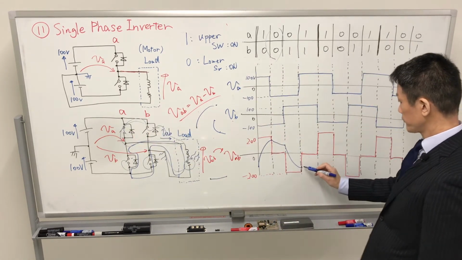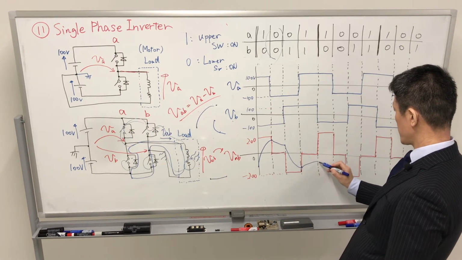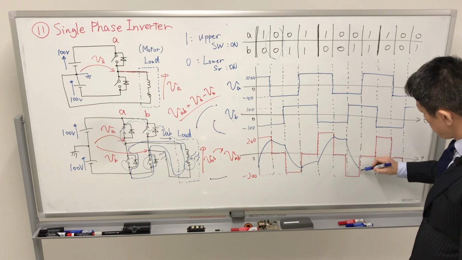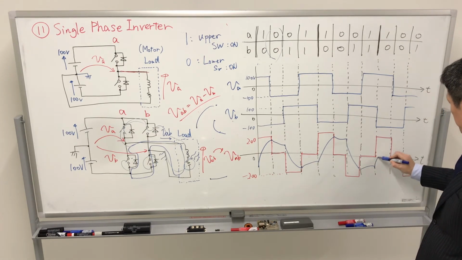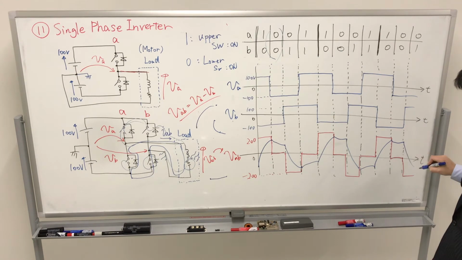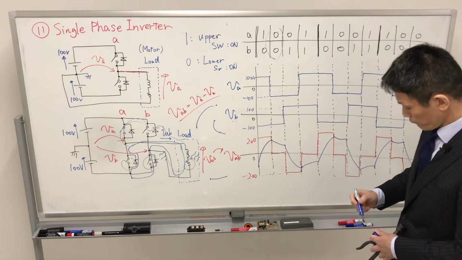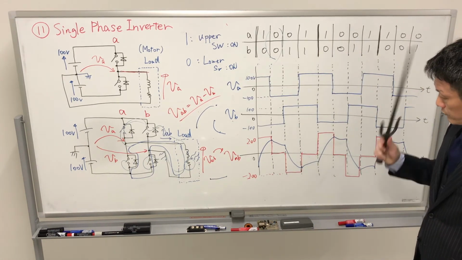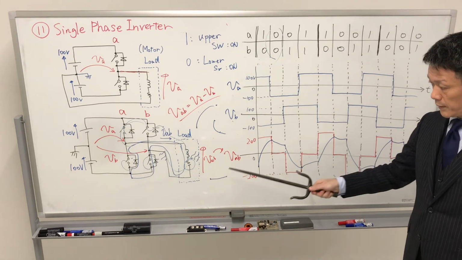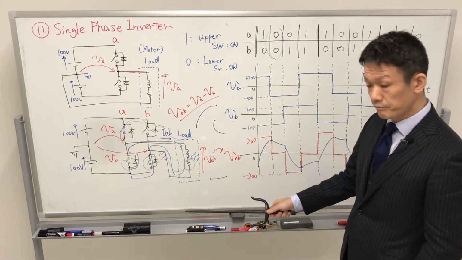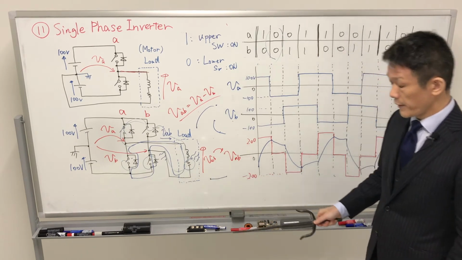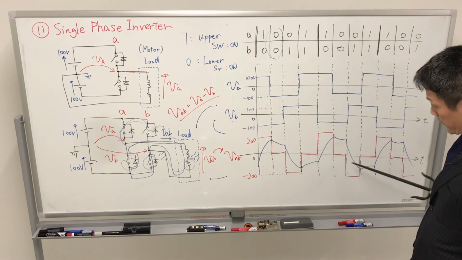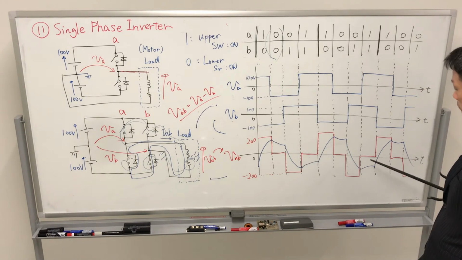In the case of the load, we can obtain the AC current, alternating current: plus side, minus side, plus side, minus side.